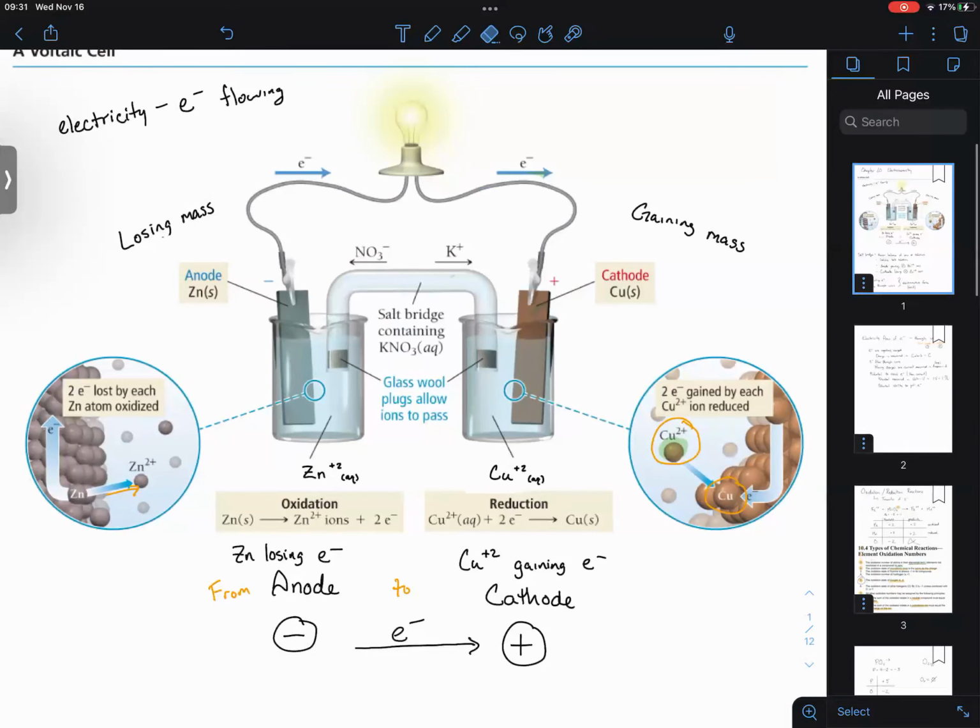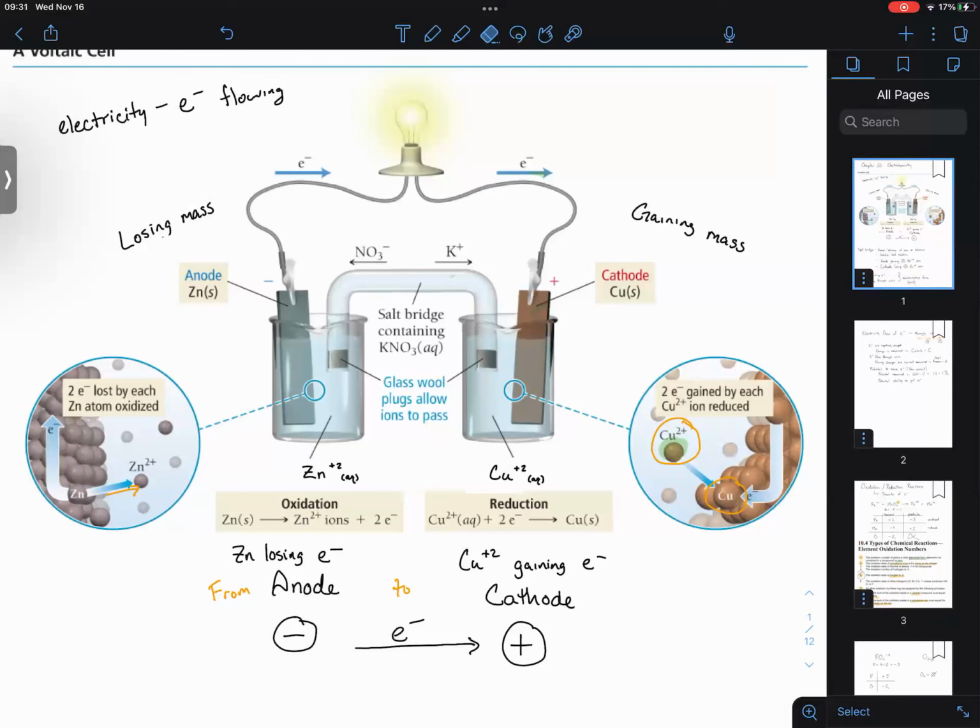All right, so the next thing we're going to be able to do is to calculate the potential within that wire, the potential to move the electrons based on these two half reactions, our oxidation half reaction and our reduction half reaction.